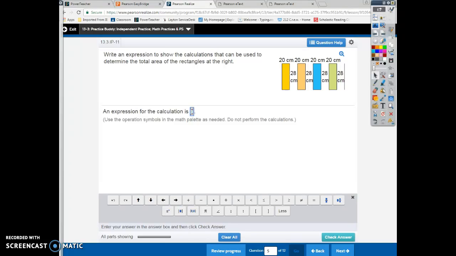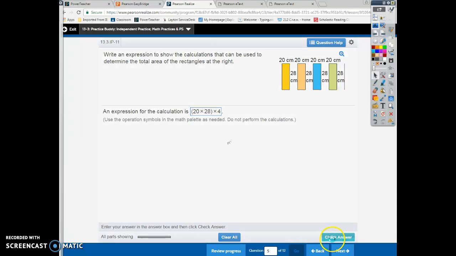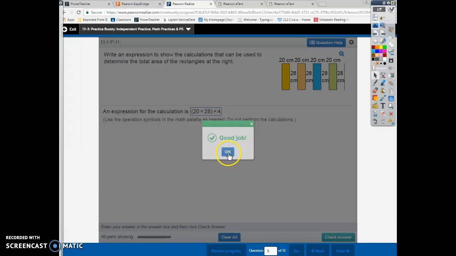So let's use my parentheses. 20 times 28. Oh, wow, that dot does mean times. I could also use this one. So let's use times. 20 times 28. Close my parenthesis. Let's hit times again. 4. And we get a good job.